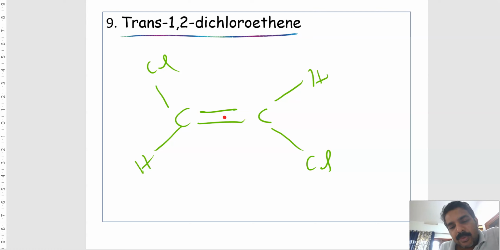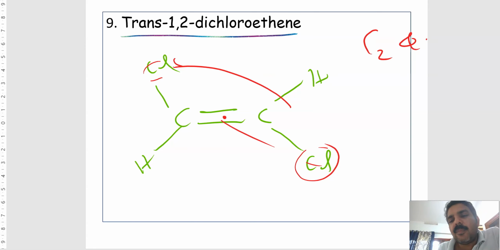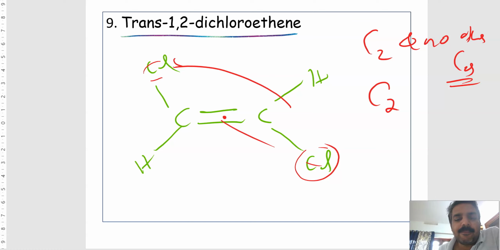Passing through the center, you rotate 180 degrees, the Cl becomes here and the other Cl becomes here. So there is a C2 axis and no other C2s, only one C2. Okay, the C2 axis is present.